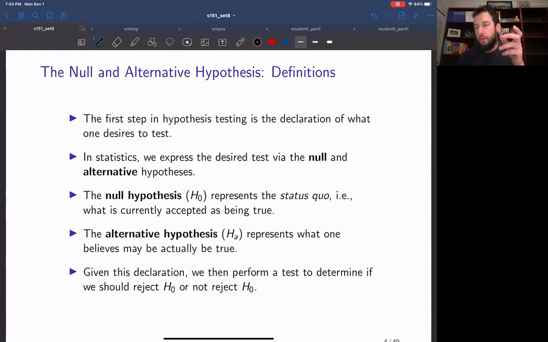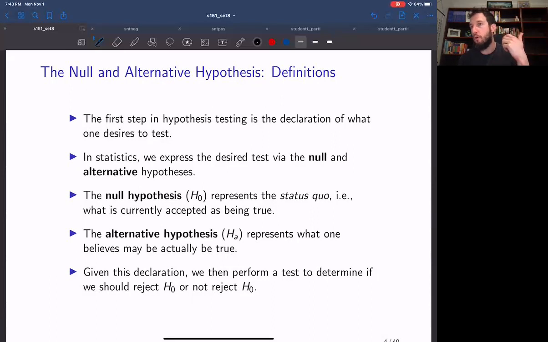Once we've formulated the question, we re-express the question through the null and the alternative hypothesis. The null hypothesis is basically what we believe the true value of mu is equal to. So the null hypothesis will typically be something like mu equals 14. The belief going into the question is that mu is equal to 14. The alternative hypothesis represents what we are asking.